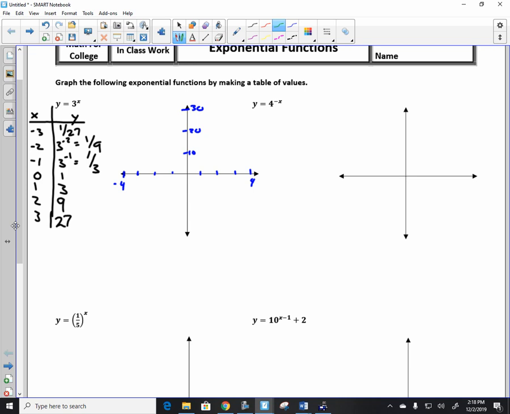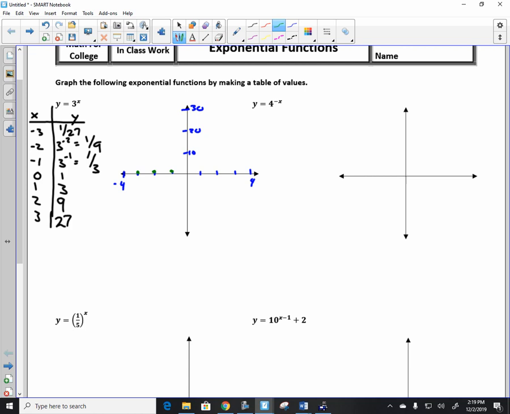I have -3 and 1/27. 1/27 is a really small value, isn't it? So I'm going to plot it right here. 1/9 is also a really small value. I'll plot it just right above the x-axis. 1/3 is also a really small value. I'll plot it right above the x-axis.